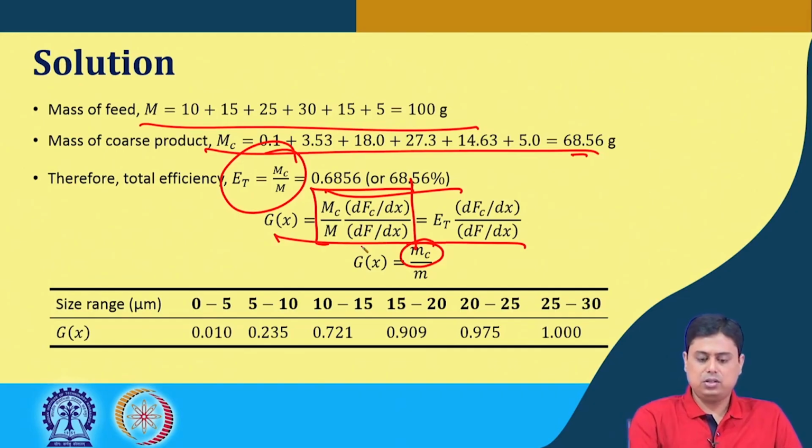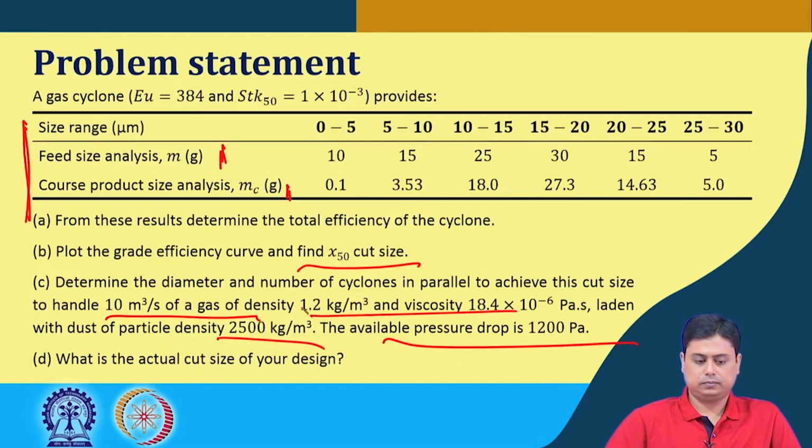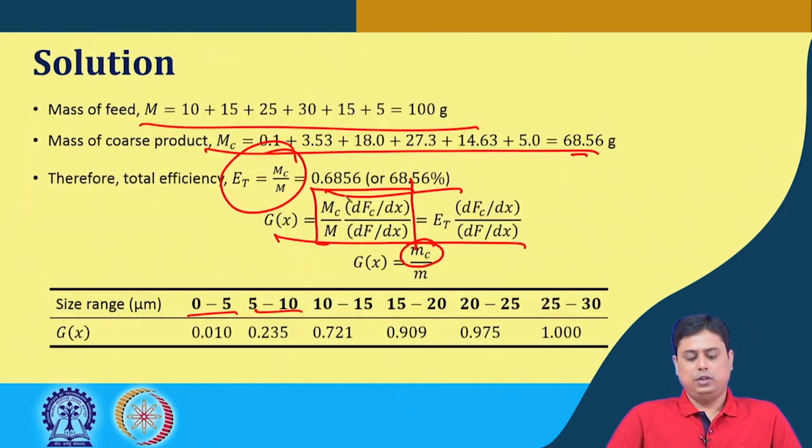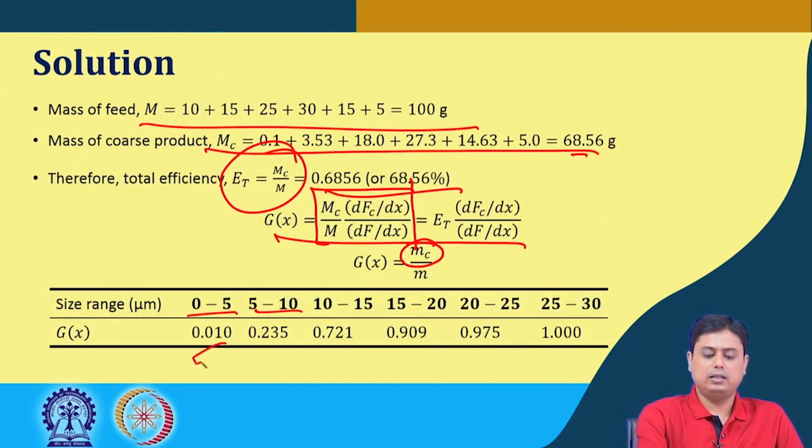So, the size ranges 0 to 5, 5 to 10 that are given there, we can find out what is the Gx or the grade efficiency.